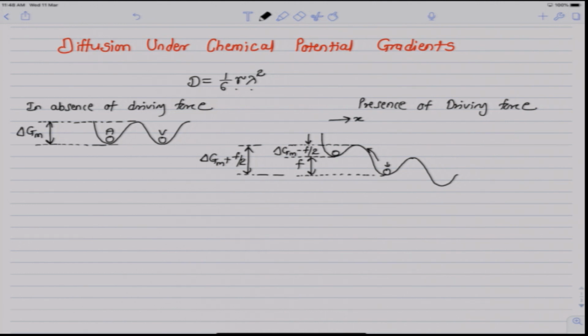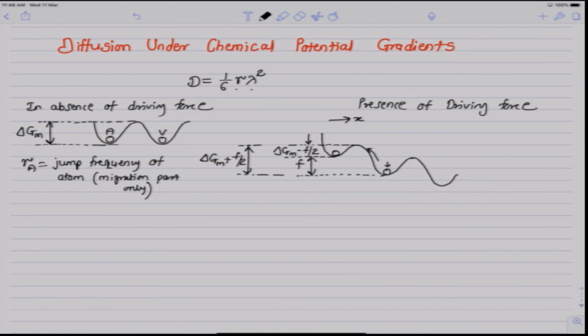Now, let us denote the number of times an average atom has an energy equal to or greater than the activation energy for migration per second as gamma A, the jump frequency of the atom. This is in the absence of driving force, and this is only the migration part.